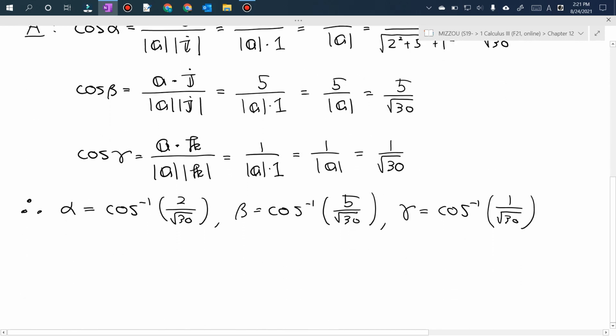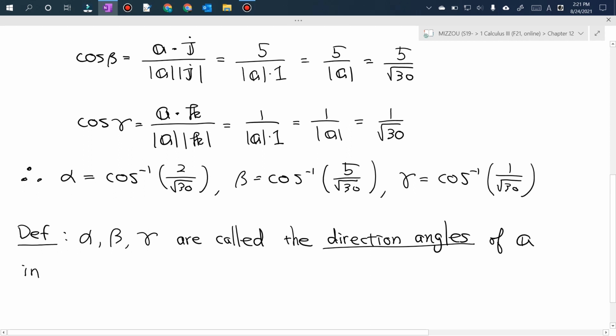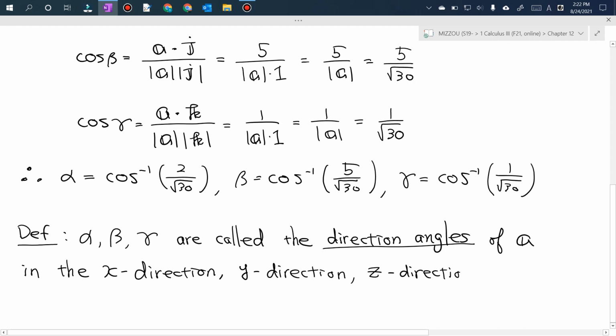Namely, here's the definition. Those alpha, beta, gamma are called the direction angles of the vector A, in the x direction for alpha, the y direction for beta, and the z direction for gamma, respectively.